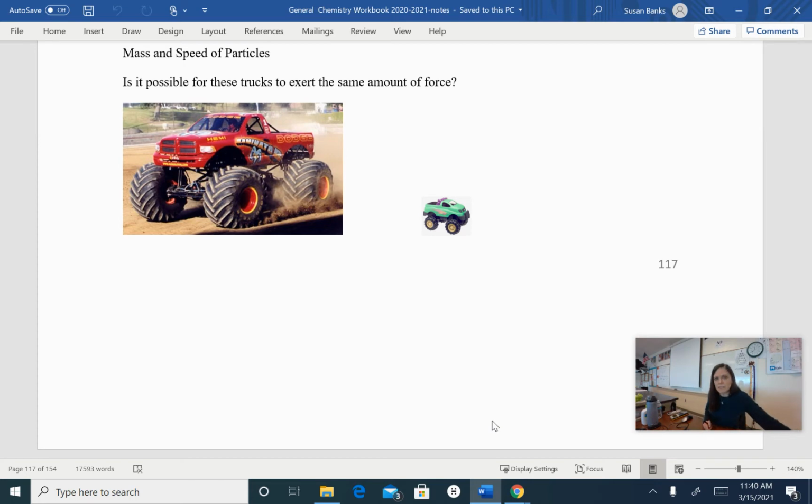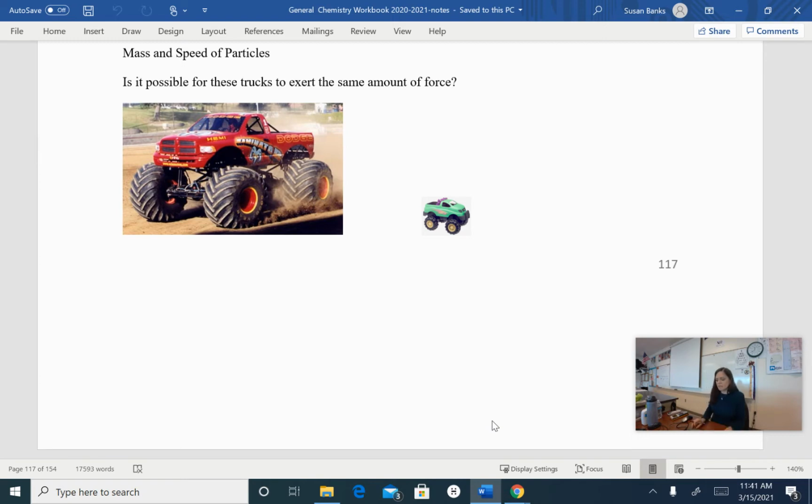So let's talk about the movement of these two trucks. So I have a question for you. If I'm going to compare the mass and the speed of these two trucks, is it possible for me to get these two trucks to have the same amount of force?